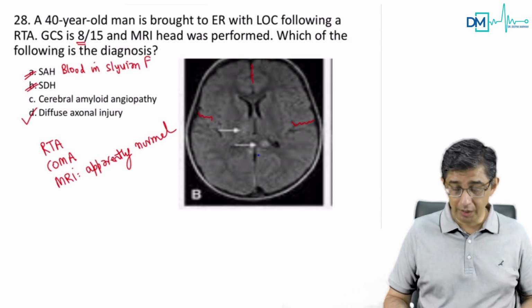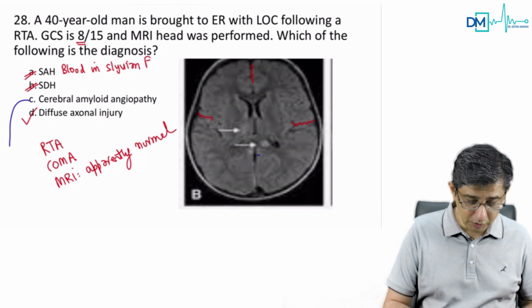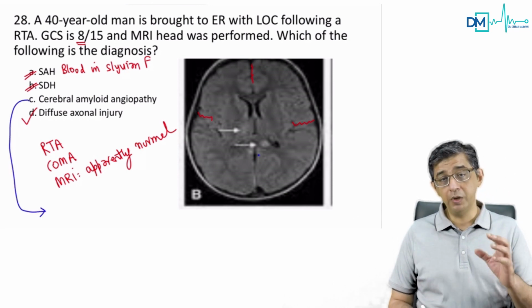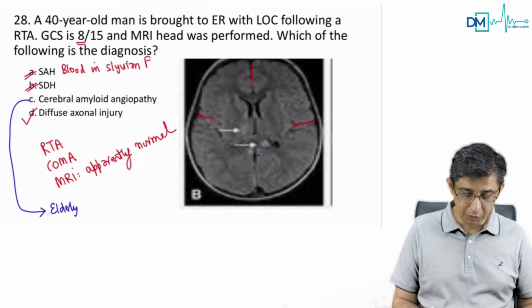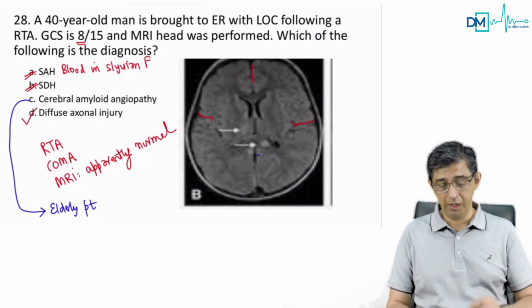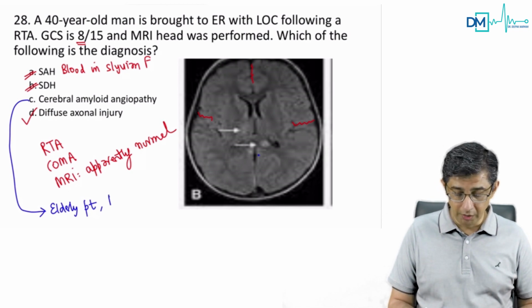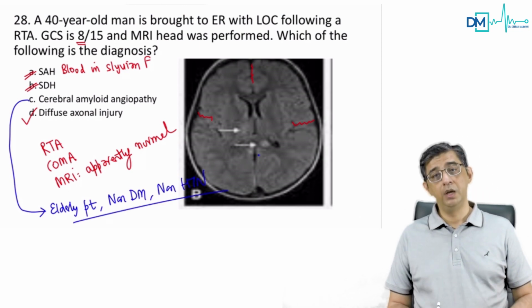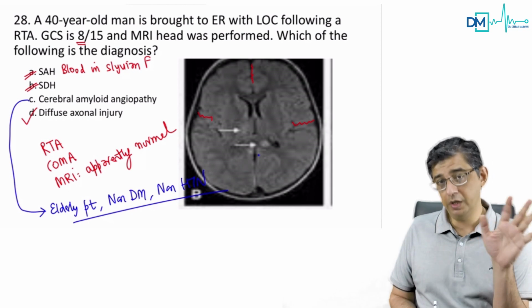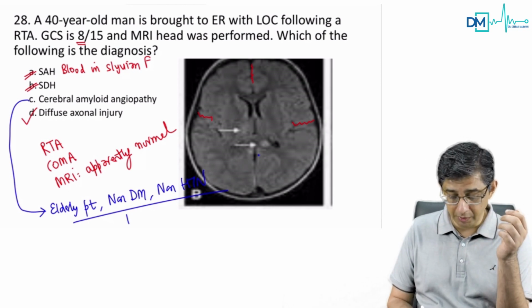And cerebral amyloid angiopathy, it is a cause of brain hemorrhage. Cerebral amyloid angiopathy is found in old men. How would he put up a question of cerebral amyloid angiopathy? He'll talk about an elderly patient, non-diabetic, non-hypertensive. Like a person was brought into casualty today, an old man. His son is saying, sir, my father is non-diabetic, non-hypertensive, but he still had a brain hemorrhage.